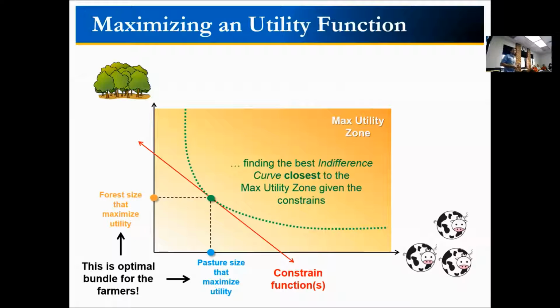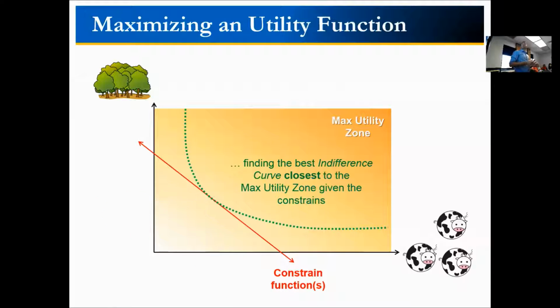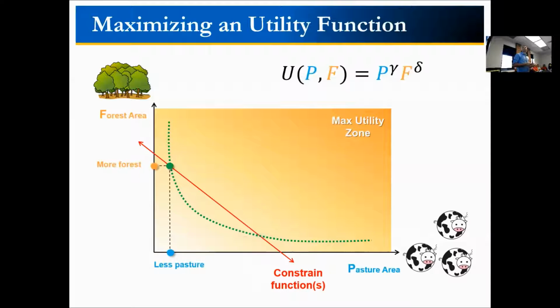This is microeconomics. The assumption here is that the utility of pasture is equal to the utility of forest, and not necessarily. What drives that is actually the values that you have in those parameters. So if pasture is more important, maybe this value will be 0.8 and this will be 0.2.